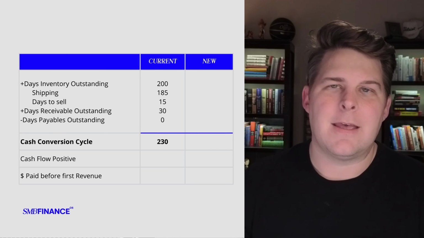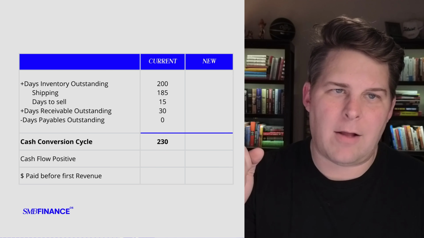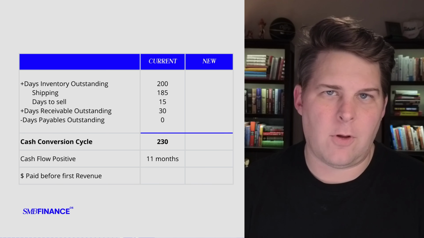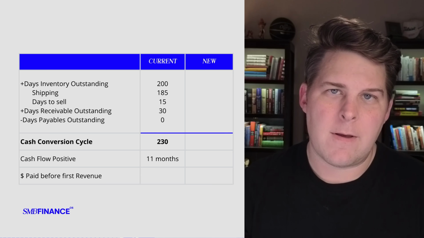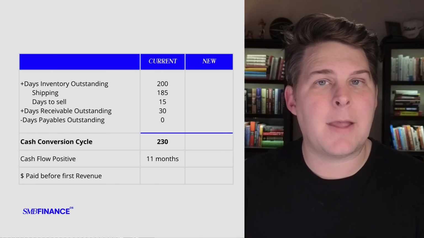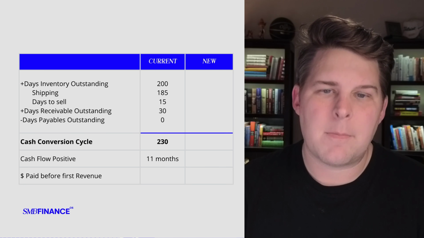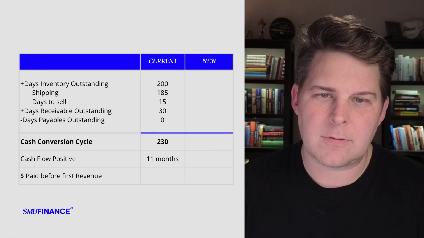That meant it took them 11 months from the initial outlay to reordering to get cash flow positive on that first order. So they had to have enough cash in the bank account before that first order to be able to pay for 11 months of orders.